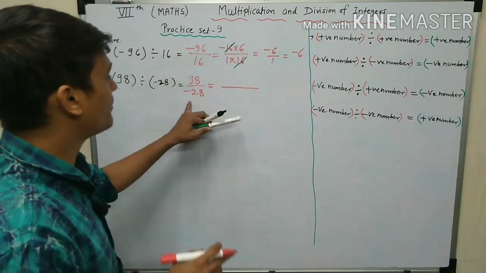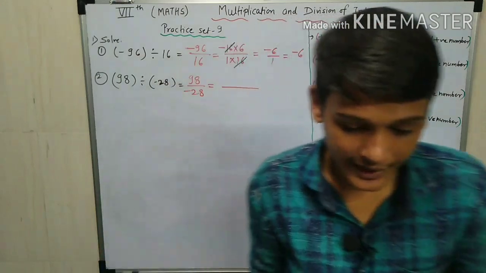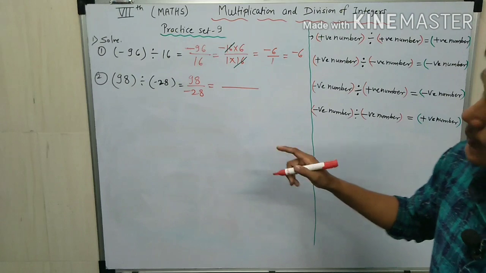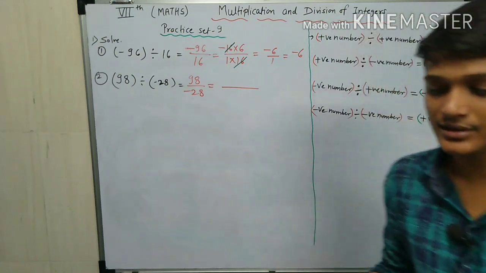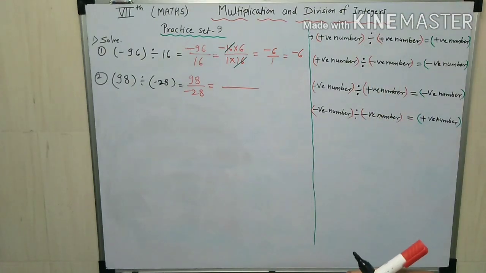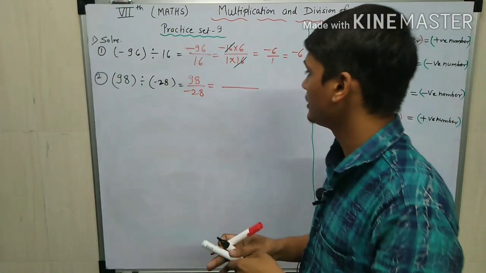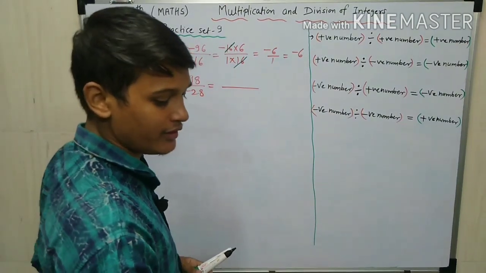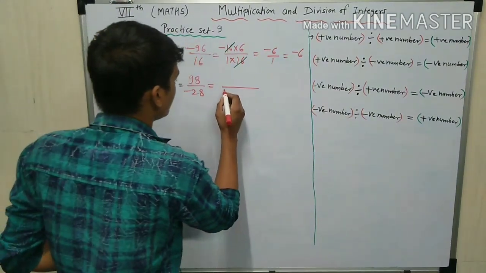Which number can we divide 28 by? We can divide by the 14 table. 14 ones are 14. 14 twos are 28.